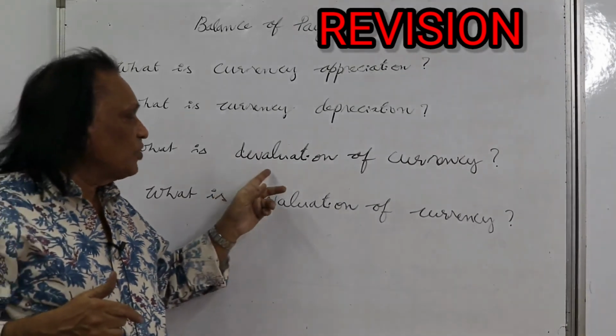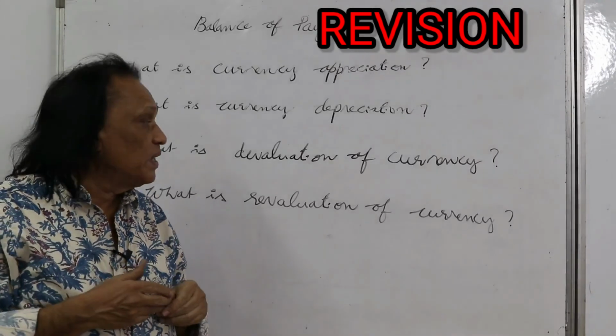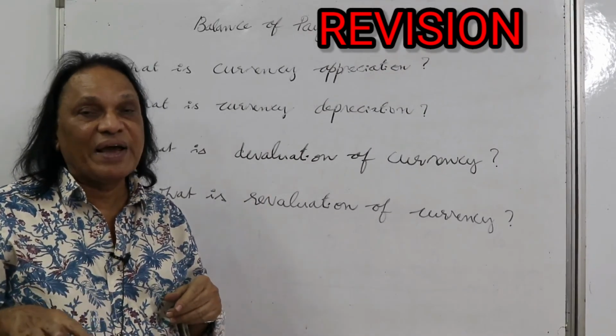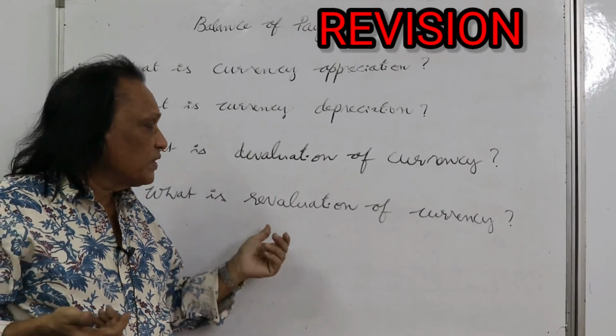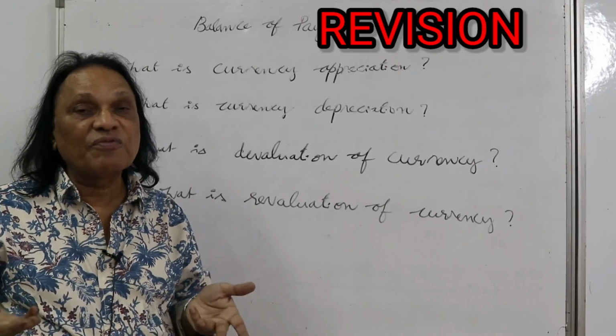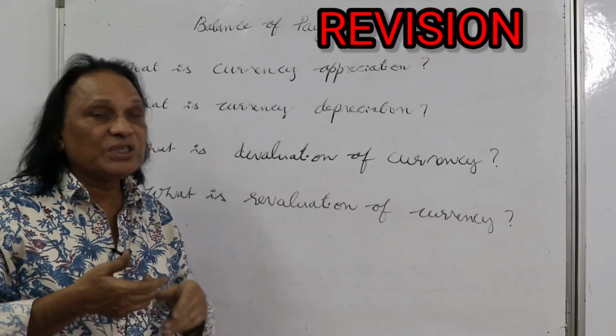What are devaluation and revaluation? These two terms we use under fixed exchange rate system. Devaluation means the central bank deliberately reduces the value of our currency in terms of foreign currencies. Revaluation means the central bank increases the value of our currency in terms of foreign currencies. Appreciation and depreciation, revaluation and devaluation.